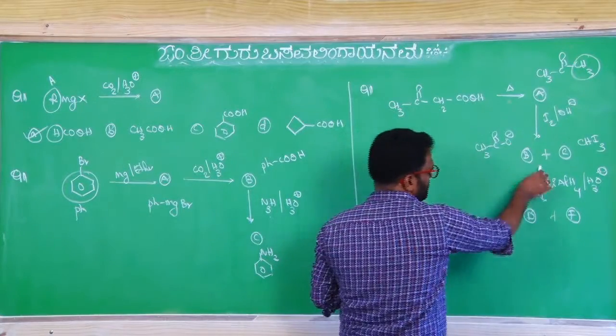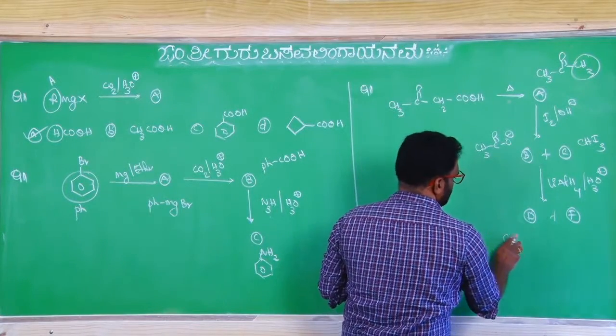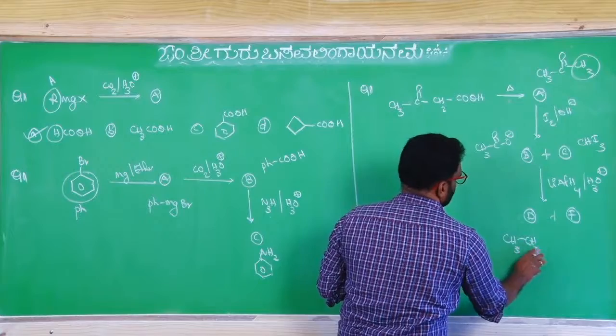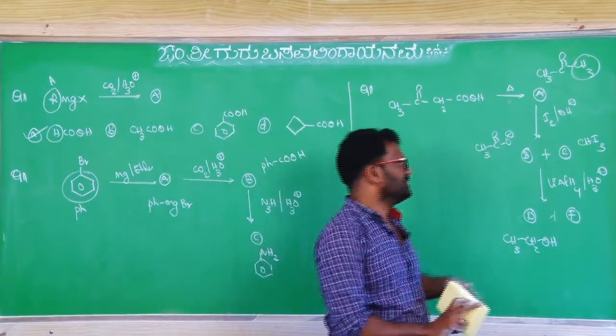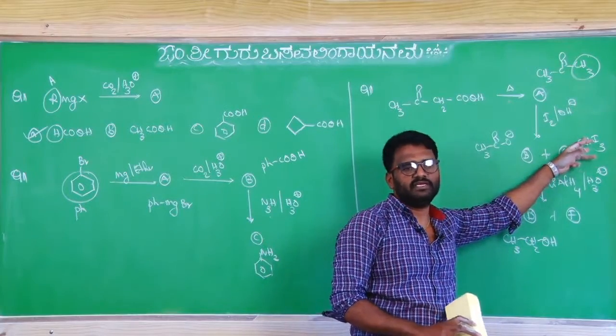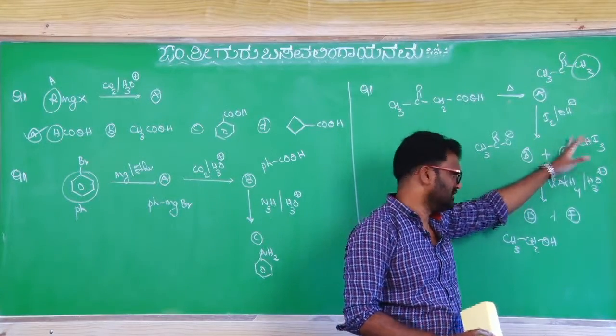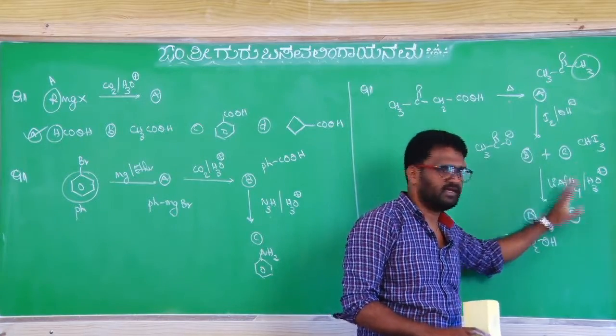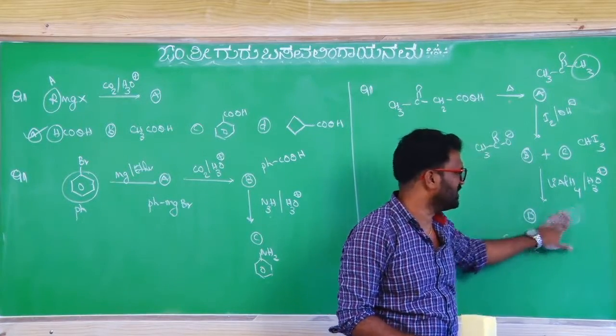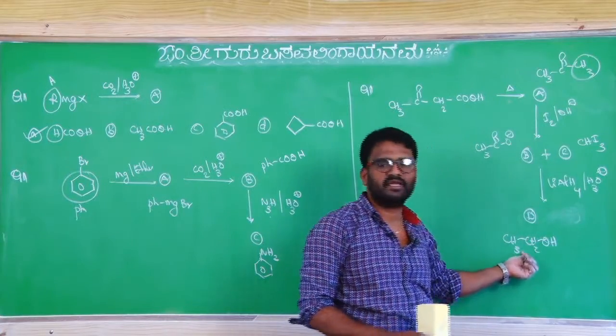When you do the reduction with lithium aluminum hydride, you will get ethyl alcohol. But with iodoform there is no reaction. I gave the F product just to confuse you. So you will get only the D product, that is ethyl alcohol.